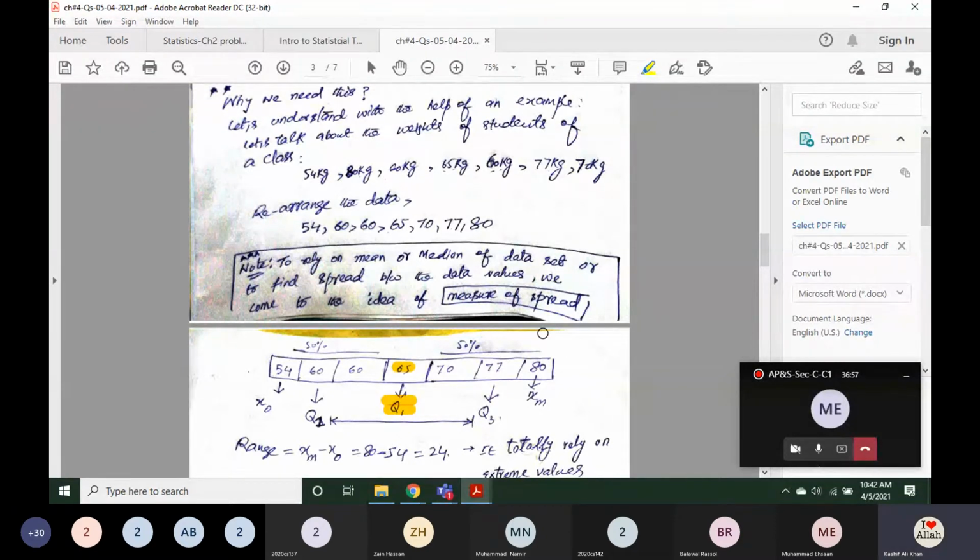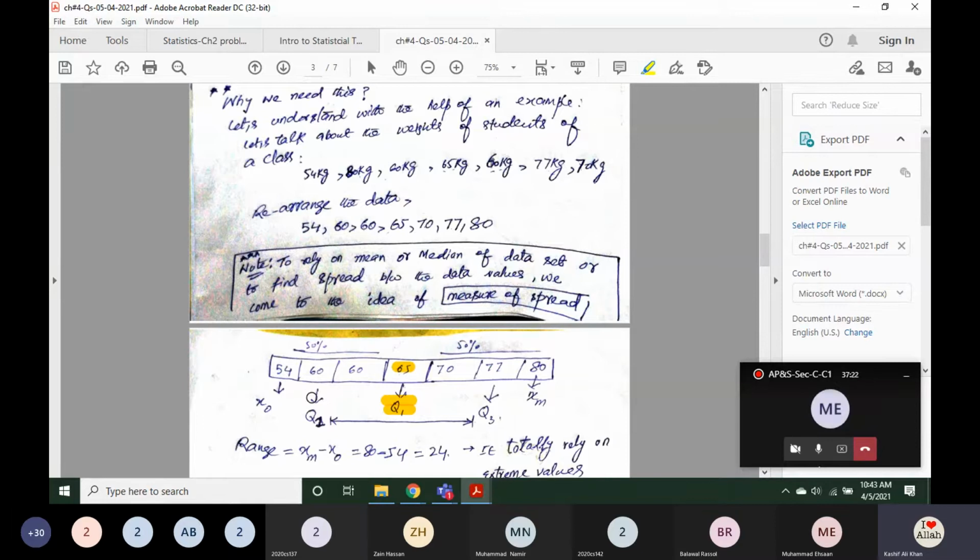the smallest value and the largest value, I mean if we want to talk about the data leaving out these extreme values, the smallest and largest values, so that means we need to focus on the data values from the second value to the second last value, and that means we are interested to get the values from Q1 to Q3.